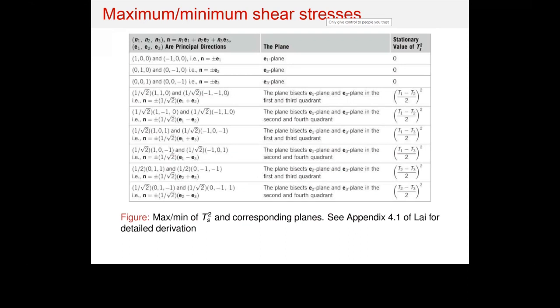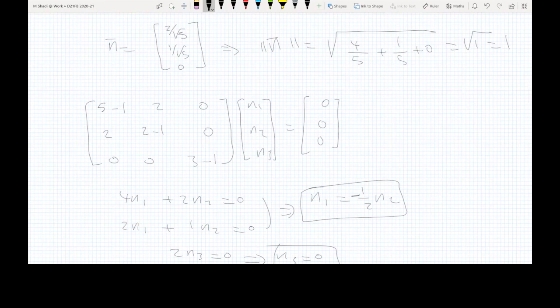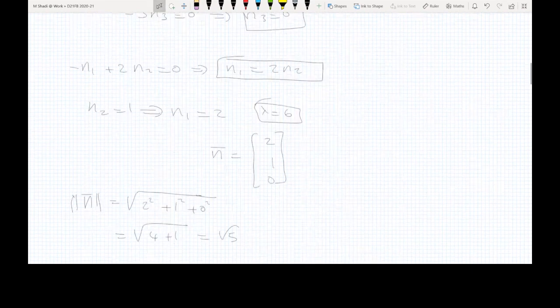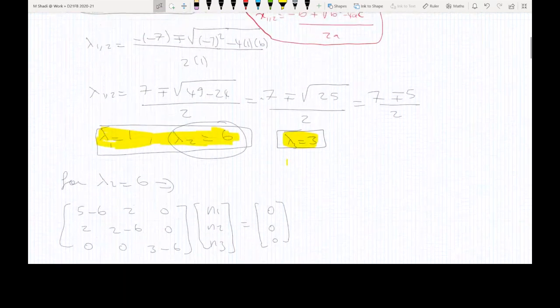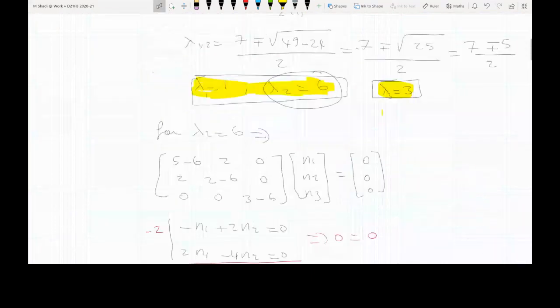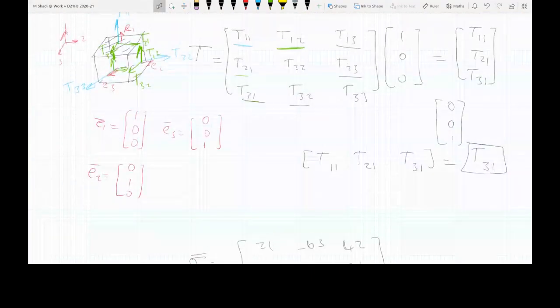I will probably show you these equations in detail later on. But I would prefer to explain it first. I would try to explain it on the cube which we had in the beginning of the lecture, or in the beginning of this part. And then we get into the shear stresses.